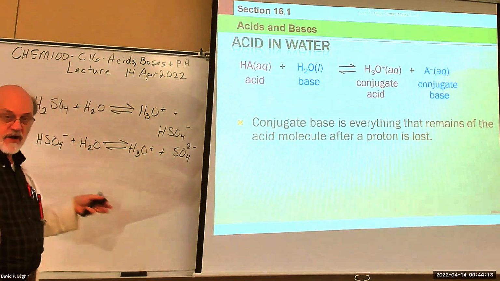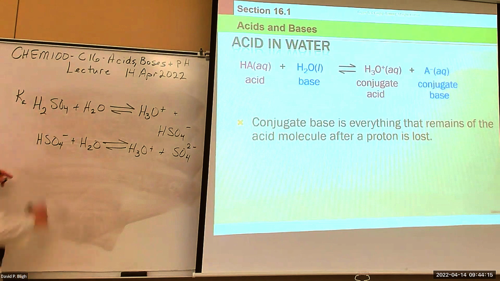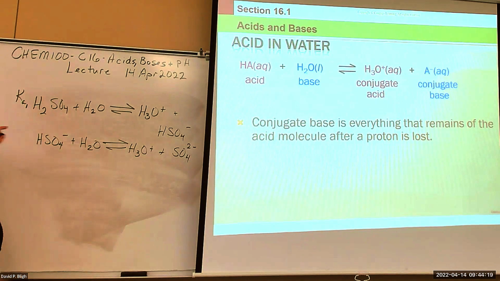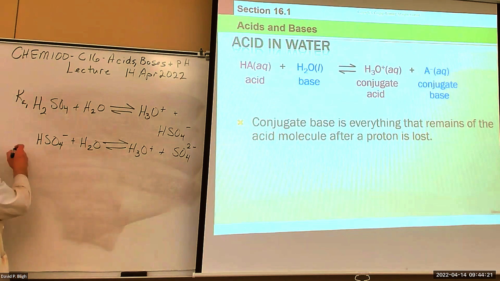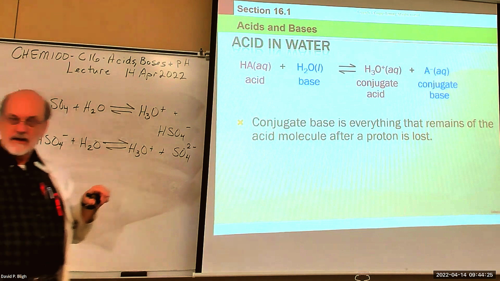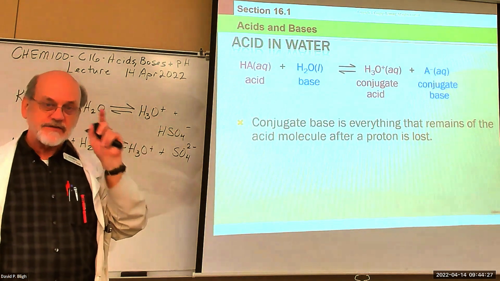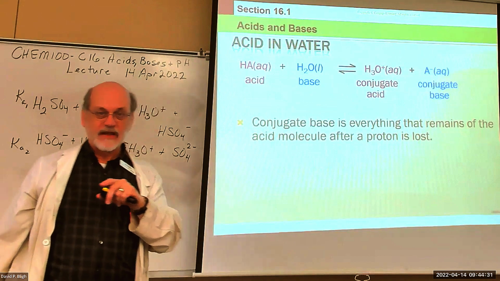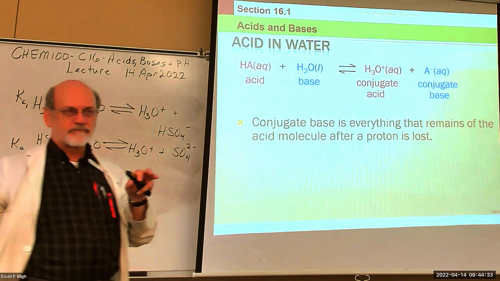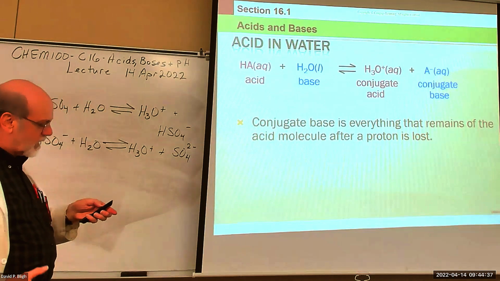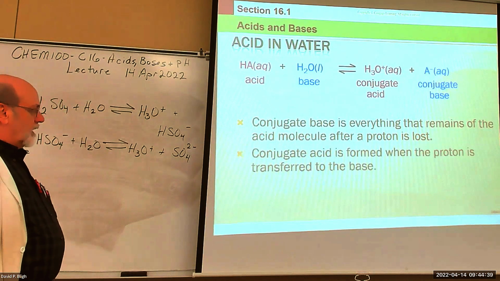So this is an equilibrium constant for an acid. And since this one has two protons, we say that one's the first one, and this one will have one, and we say that one's the second one. And each reaction has its own equilibrium constant. And they will be different, sometimes very different.